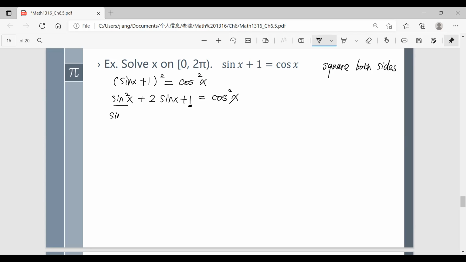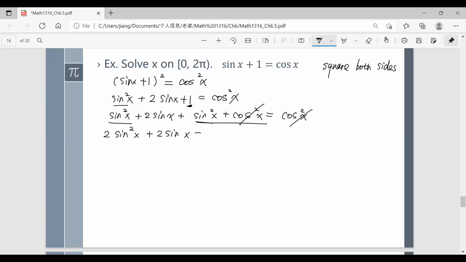So sine x squared plus 2 sine x plus sine x squared plus cosine x squared equals cosine x squared, because 1 equals this. And then minus cosine x squared on both sides. I got this equals 0, right? So this term plus this term is 2 times sine x squared plus 2 sine x equals 0.